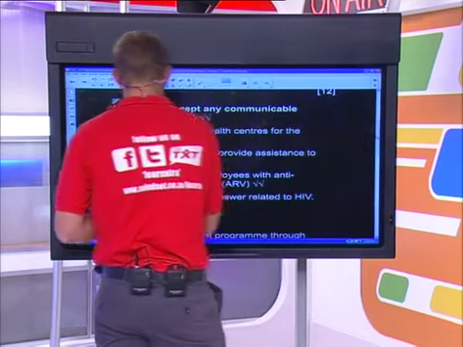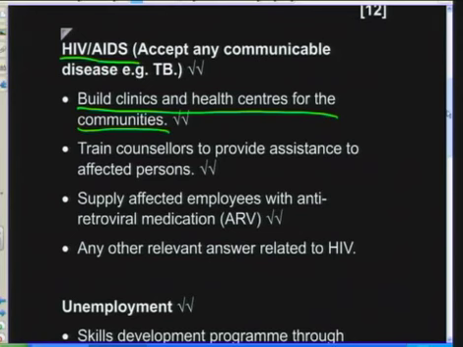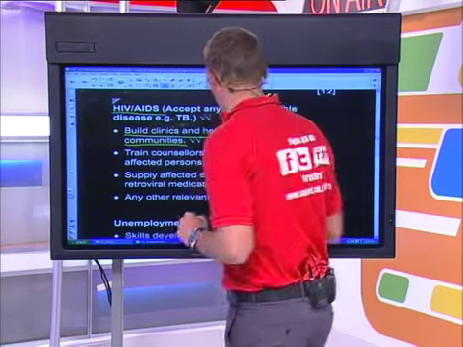So let's look here. The business could build clinics and health centers for the communities. I know in Diepsloot, one of the businesses surrounding the area there, because they saw Diepsloot had one of the highest HIV positive infection rates, they built a clinic so that they could help the people get medication, antiretrovirals, and also help in the education of the prevention of HIV AIDS, right?